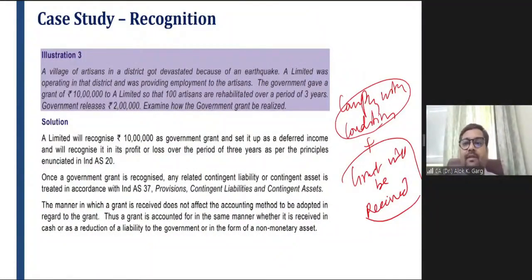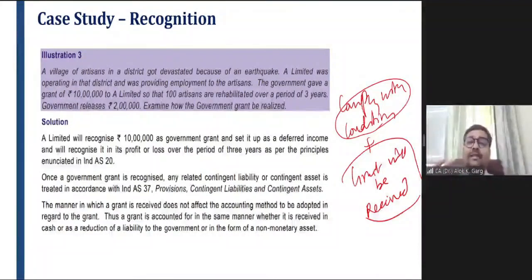So guys, if there is a reasonable assurance that the entity will comply with the conditions and the grant will be received, in that case, this 10 lakh rupees has to be recognized as a government grant. Sir, do we need to recognize this 10 lakh rupees upfront at the beginning of the year, or over a period of 3 years?